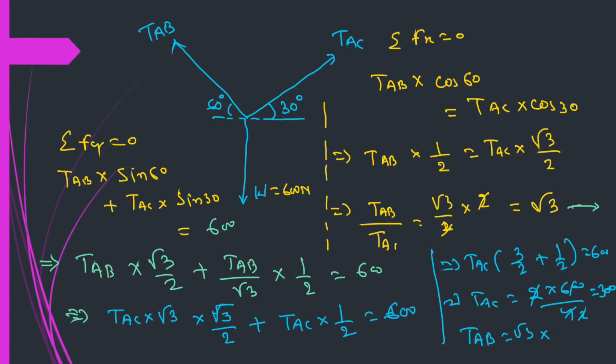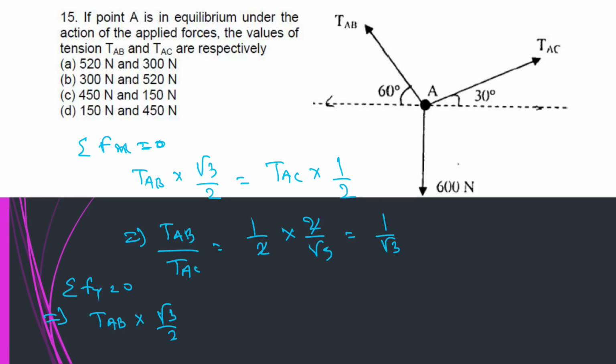Root 3 is 1.7, so 300 into 1.7 is 510. So from the options we will check: TAB is nearly 510, so 520 is available, and TAC is 300. So A is your answer.